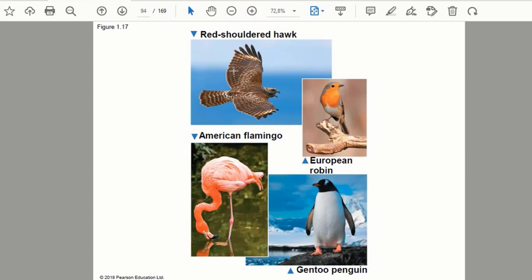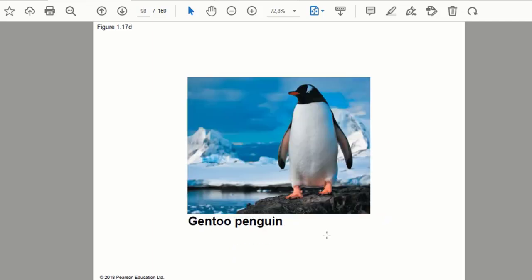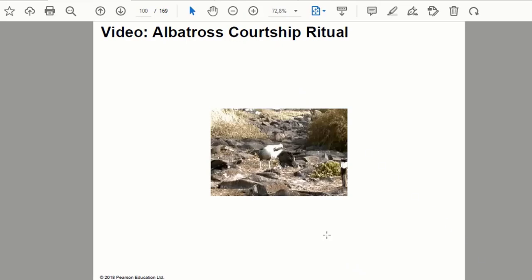There you see the developed mechanism, the Americano flagino, the Gentoo penguin, and all this. These are mechanisms. The Red Hawk will explain what that means, the mechanism in which they developed in order for their descendants to survive. Because if they didn't develop some sort of mechanism, they were not going to survive in their environment, or their population was going to be wiped away.